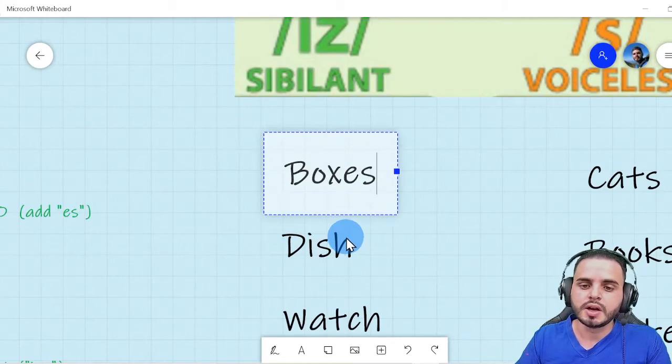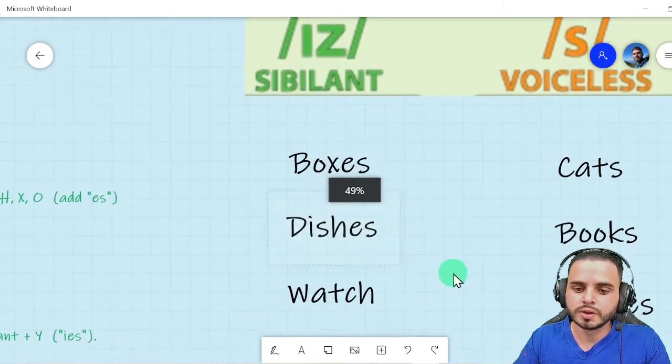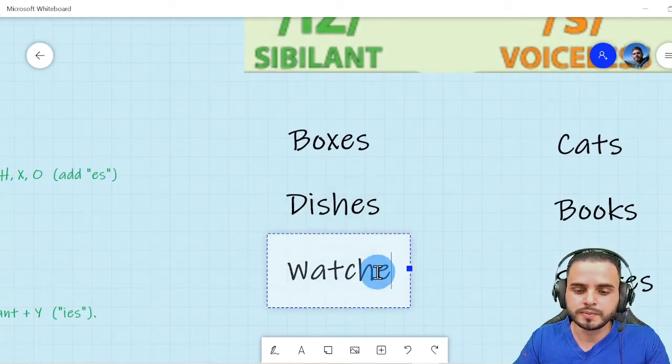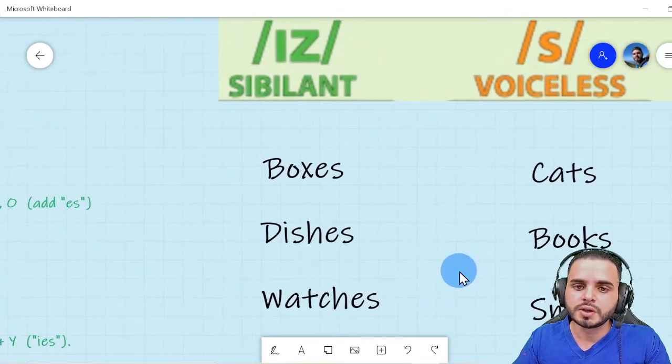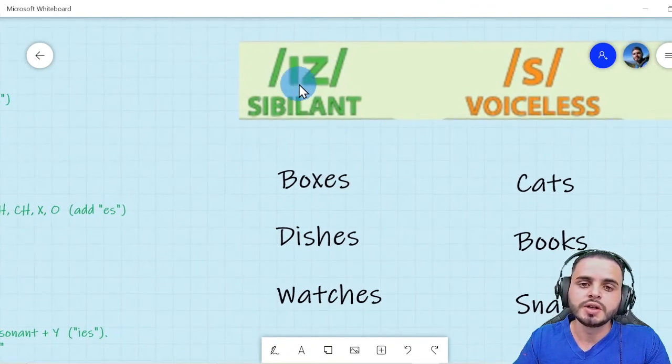So we add es because that's what the grammar rule says for all of these ones. And the pronunciation, as I previously mentioned, is going to be is. So we say boxes, dishes, watches.